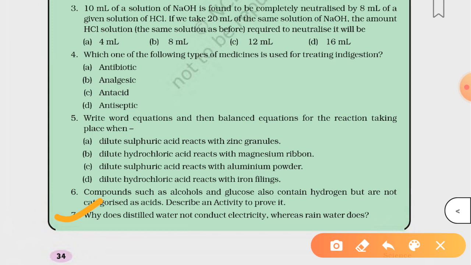Distilled water does not conduct electricity just because it does not contain any ions or any kind of electrolytes. Hence, it does not conduct electricity, but in rainwater, a small amount of electrolyte is present in the form of acid. Okay, they can be in the form of bases or some minerals. It means rainwater is not so pure. So it decomposes to release those ions and conducts electricity.